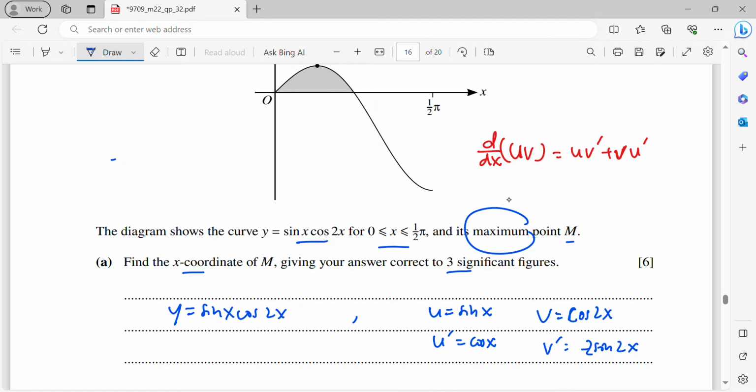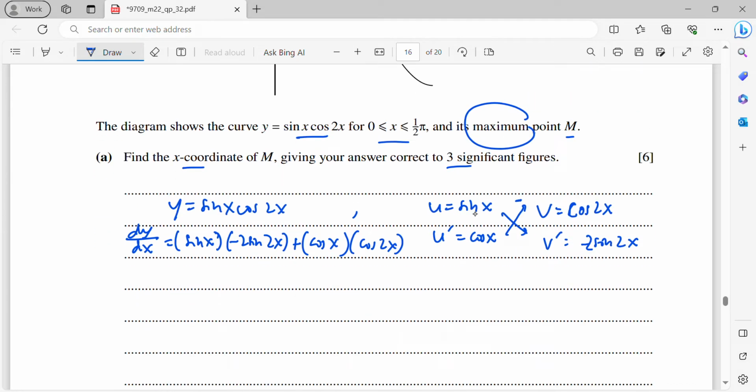So now the product rule is basically cross multiplication, so this is minus. So I will get dy/dx equals sine x times minus 2 sine 2x plus cos x times cos 2x.